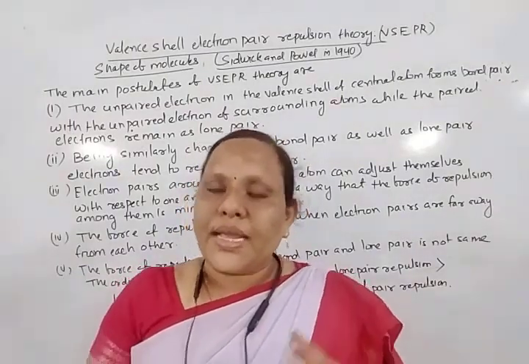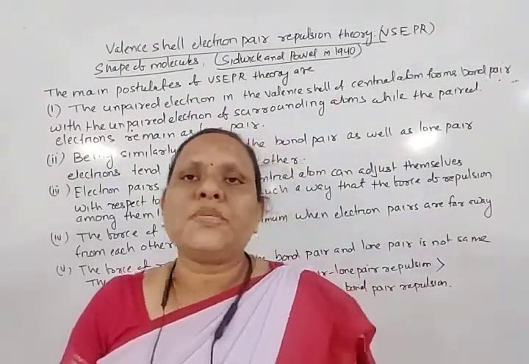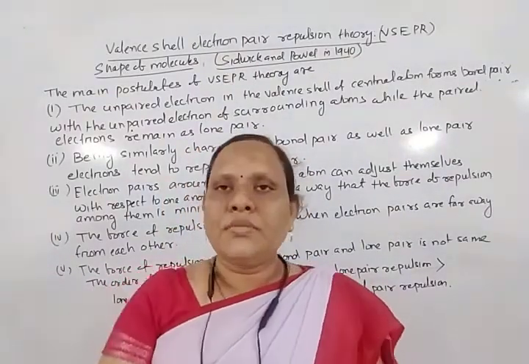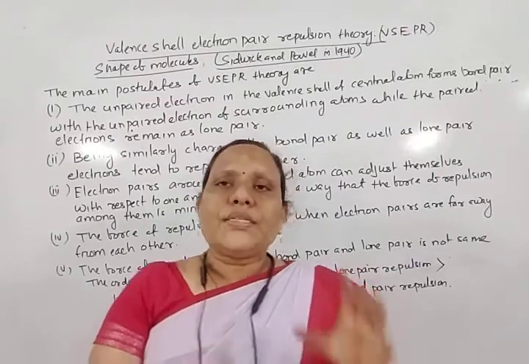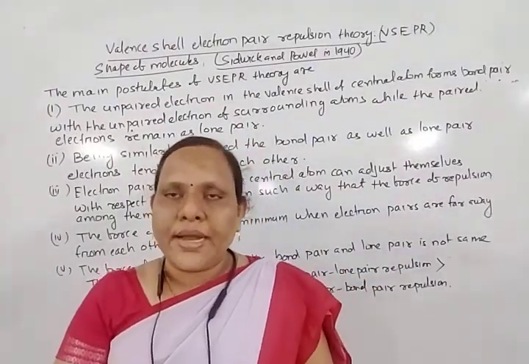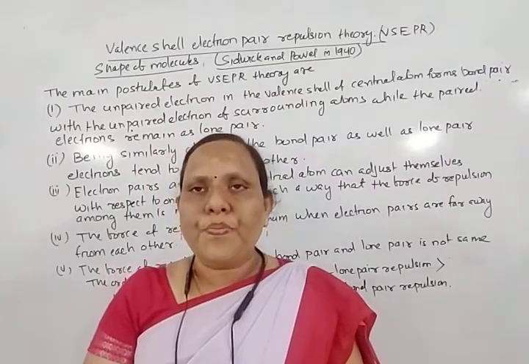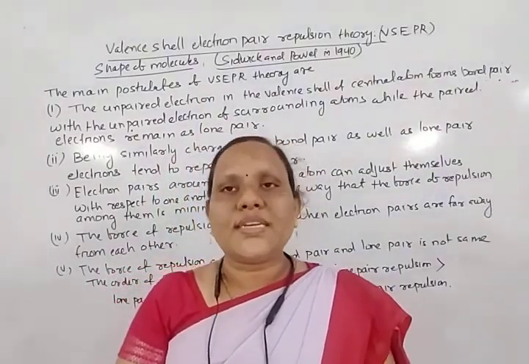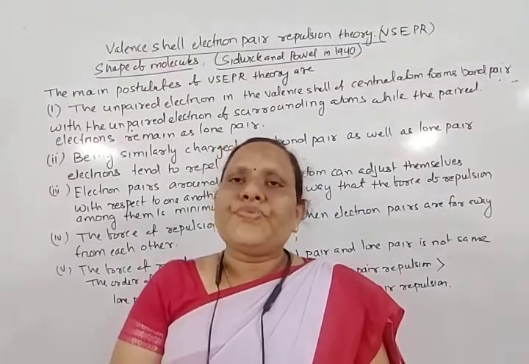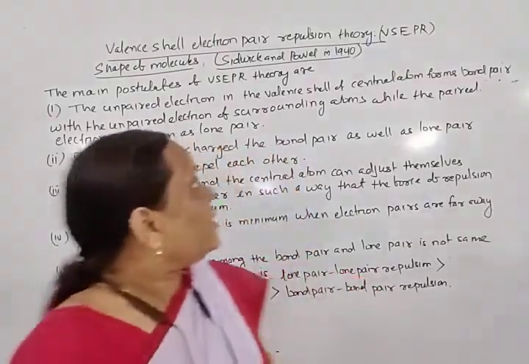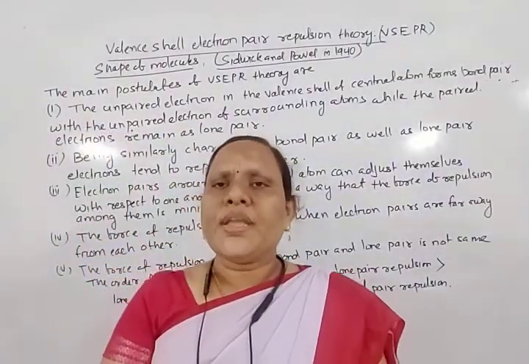In ammonia, nitrogen is the central atom. In phosphorus pentachloride, phosphorus is the central atom, and all other atoms are surrounding it. So what is the shape of these molecules? The shape is determined from the arrangement of electron pairs around the central atom. This theory was given by Sidgwick and Powell in 1940.